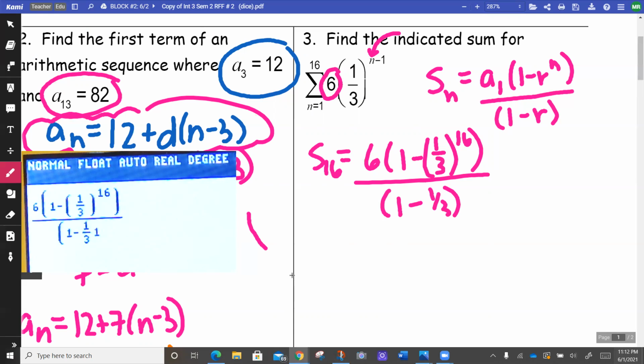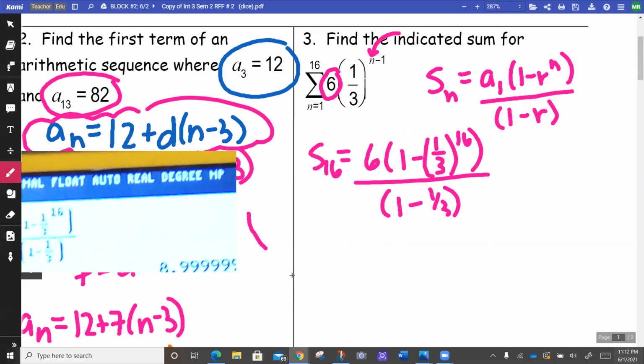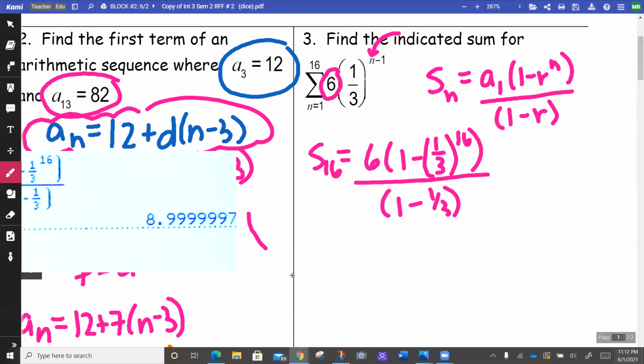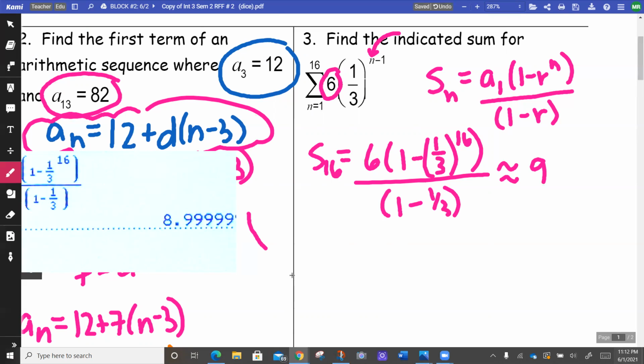Let me get rid of that. There. Okay, and when I put that in my calculator, I'm going to get 8.999999999. So that is going to be approximately 9. Okay. So that's going to be our sum.